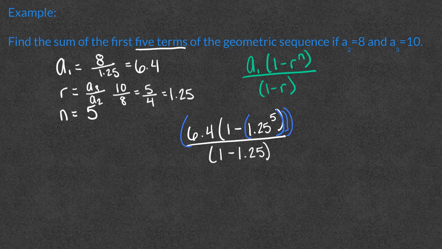So once I do all of that, my final sum equals 52.525. There's a decimal right there. So that would be the sum of this geometric sequence after calculating the first term, the common ratio, and then knowing how many terms within the sequence we're looking at finding the sum of.